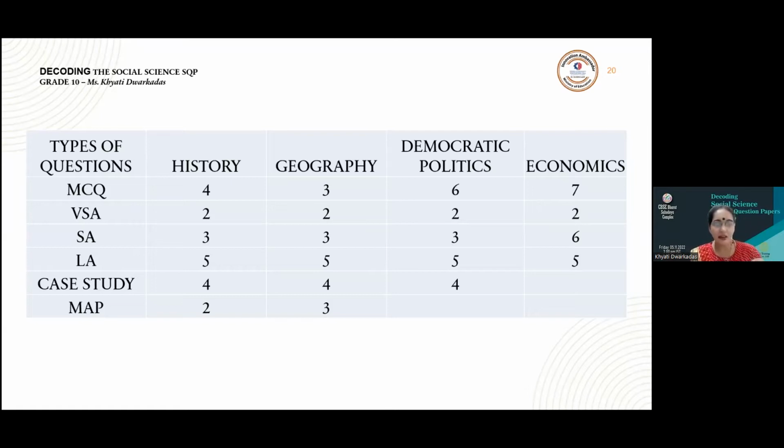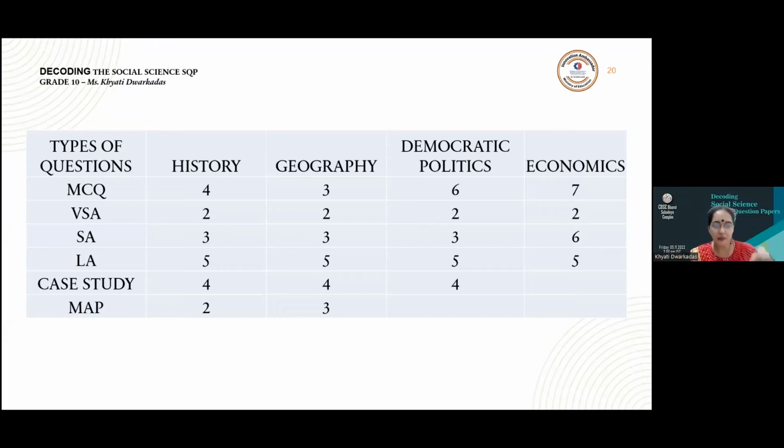Short answers include 3 marks of history, 3 of geography, 3 of political science, but 6 marks of economics. Long answers are 5 marks history, 5 marks geography, 5 marks political science, and 5 marks economics. Case study, 4 marks history, geography, and political science, nothing in economics.